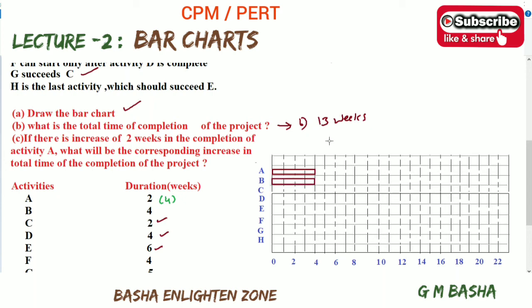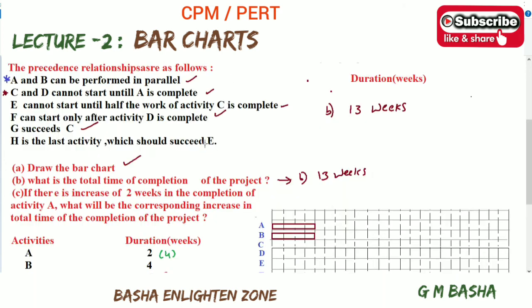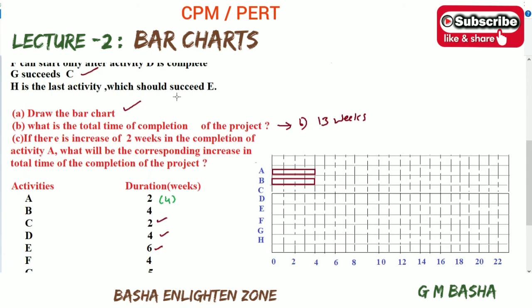Then the next step follows: C cannot start until A is completed. C follows A, so C will start after the completion of A, and the duration will be around 4 weeks. Sorry, for C it will be only 2 weeks, and for D it will be around 4 weeks.